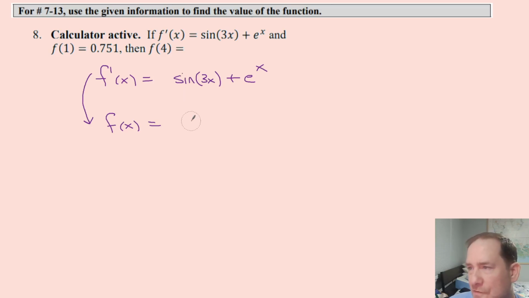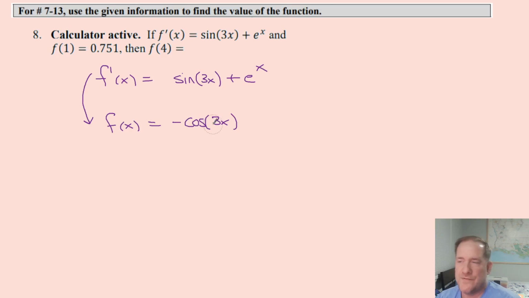So the integral of sine would be cosine, right? Well, no, it wouldn't be, because the derivative of cosine is negative sine. So I need a negative on this. But there's another thing I need too, because the expression in parentheses can't really change. When I differentiate this, I would have to chain rule out a factor of 3.